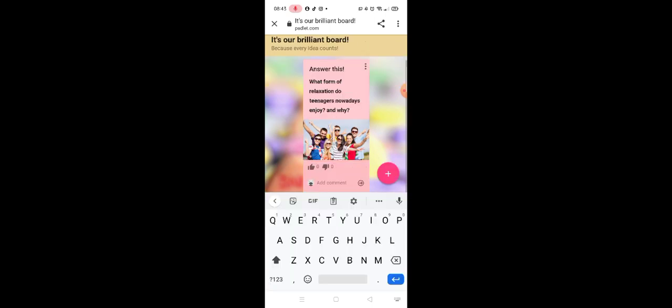What you do is tap the add comment here, so you can just write whatever it is that you want. Then after that you can tap on the enter button there. Now if this particular post is already full, you can always click this add button at the bottom right hand corner.